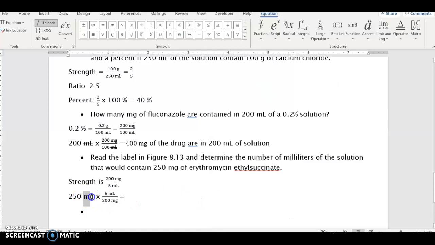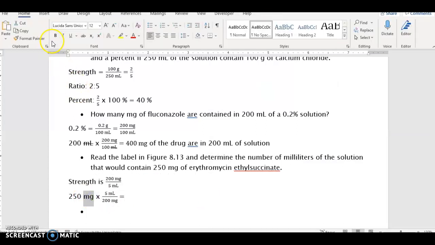So we can see that to give 250 milligrams of this drug, you need to administer 6.25 milliliters.